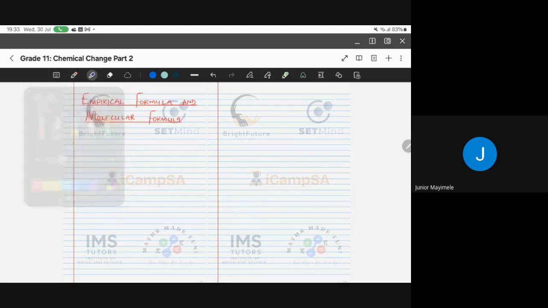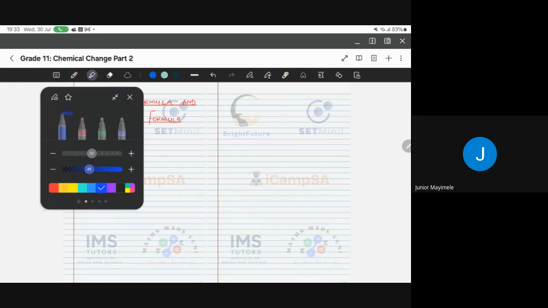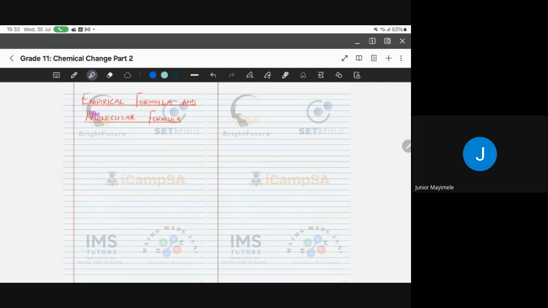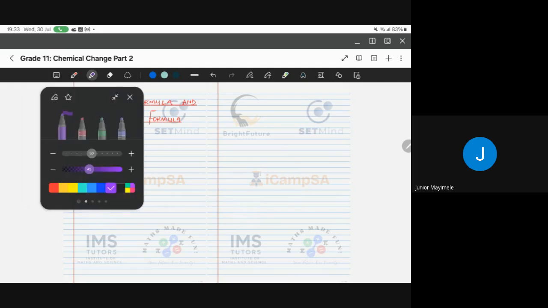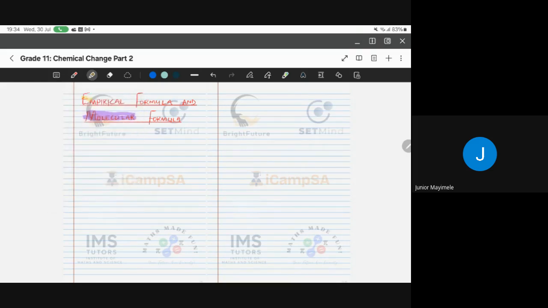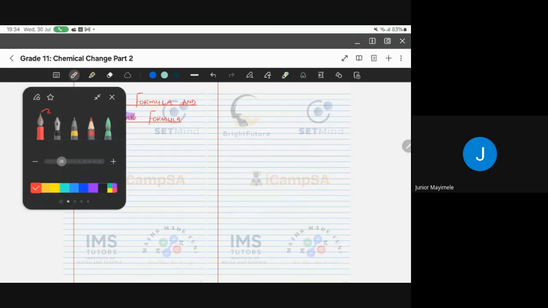I like underlining this so that you guys can keep up, even if I'm fast for you. At least you can see that the underlined parts correspond. Let's say this is empirical, and this is molecular and empirical.